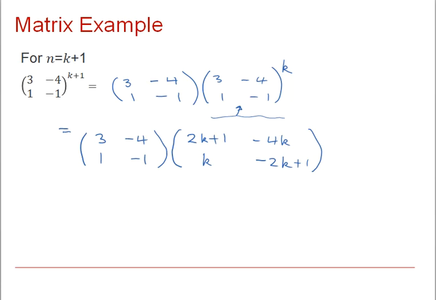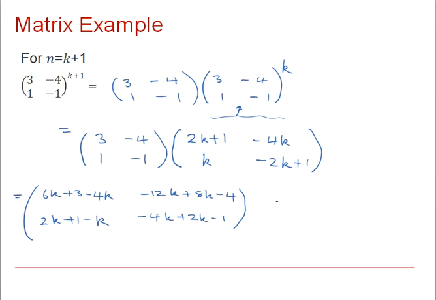Okay, so let's multiply this out. I'm going to have 6k plus 3 minus 4k, 3k plus 2k plus 1 minus k, and so on, just using normal matrix multiplication: minus 8k plus 2k minus 1.